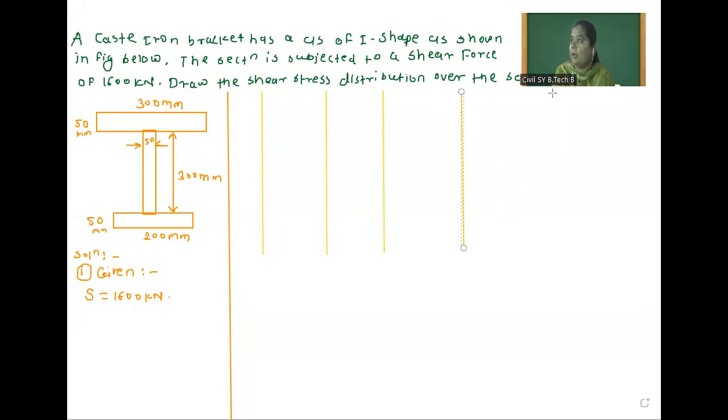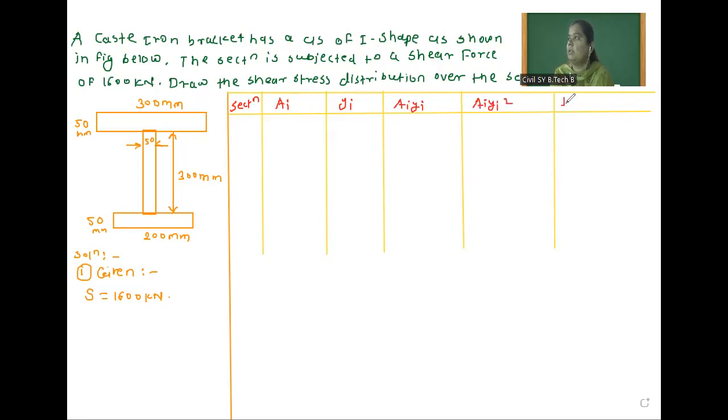Second last is ai yi square, and the last one is the moment of inertia.